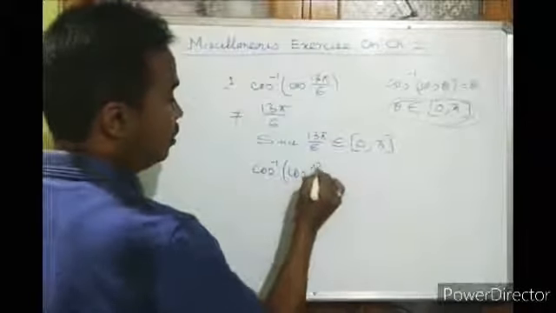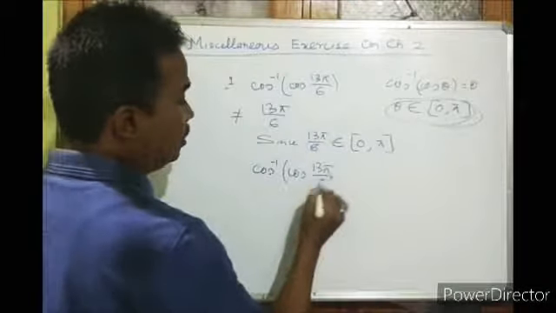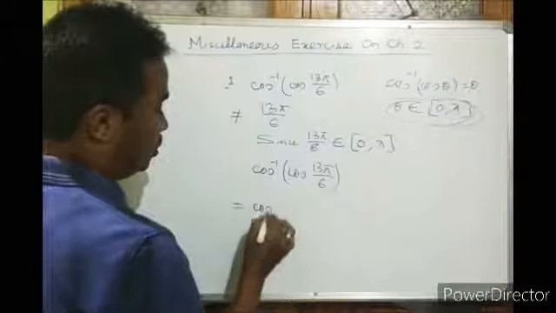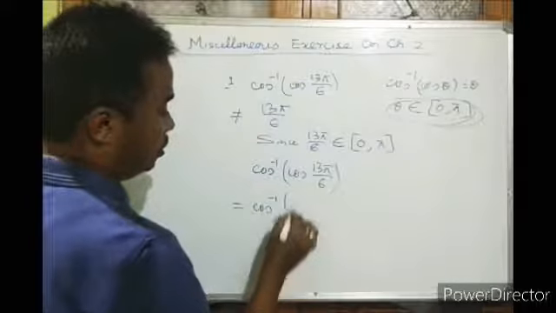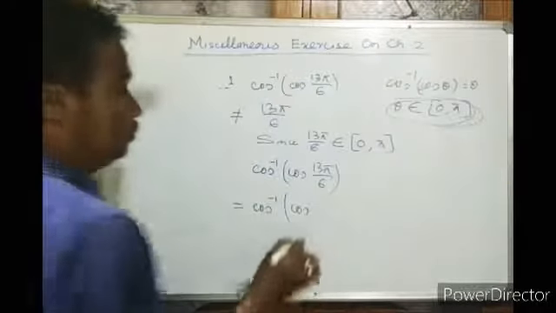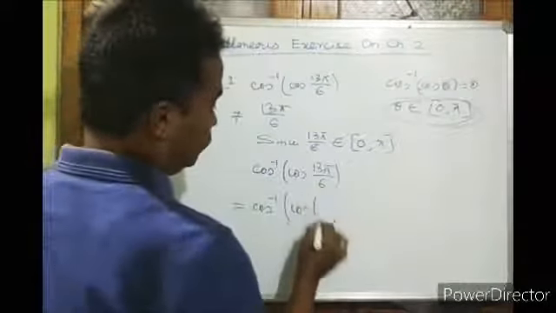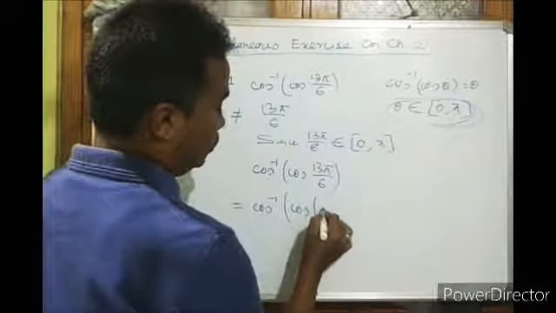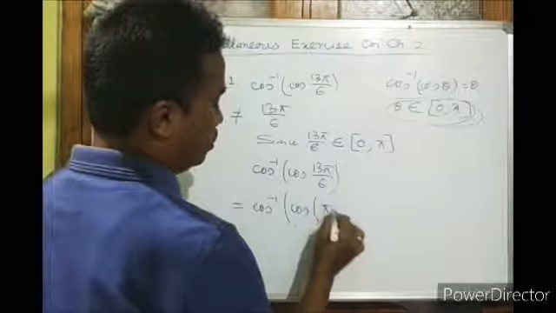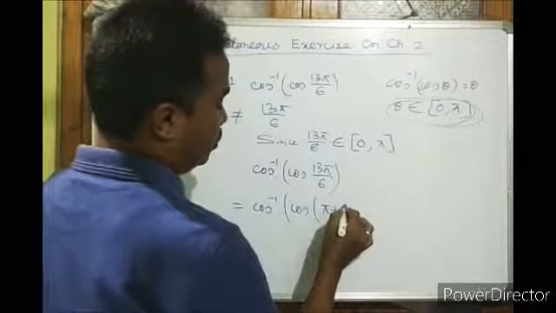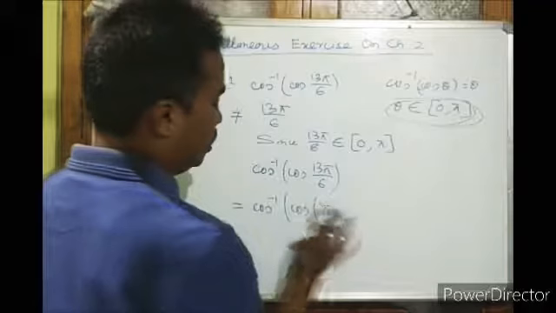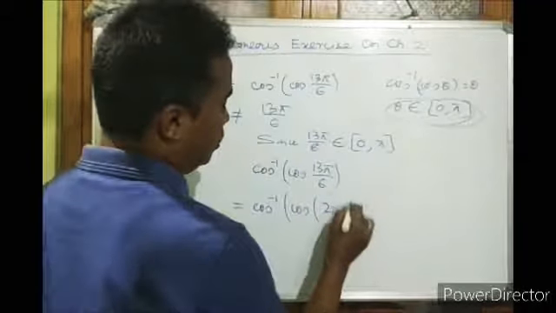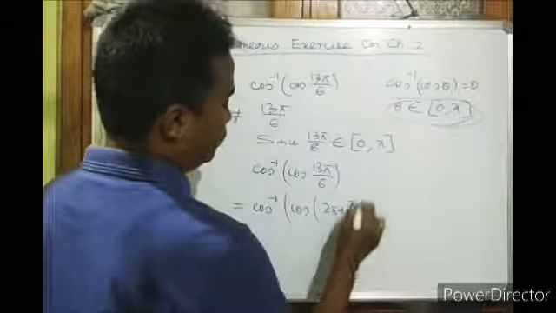Now cos inverse cos 13 pi by 6, we can write this as cos inverse cos of twice pi plus pi by 6.